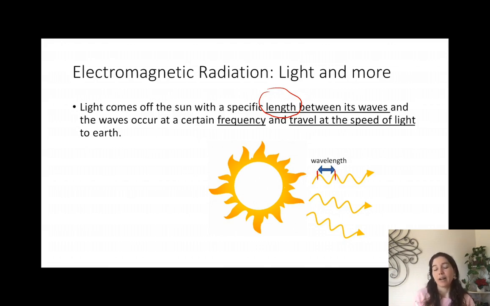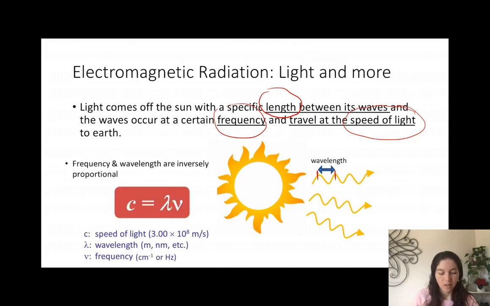And the waves occur at a certain frequency, i.e. how often they repeat, and they travel at the speed of light to Earth. So they have a certain speed, just like a car, except this is a fixed speed that all light travels at. We can represent this relationship using this equation here. We can say that the speed of light is fixed. All light travels at this speed.